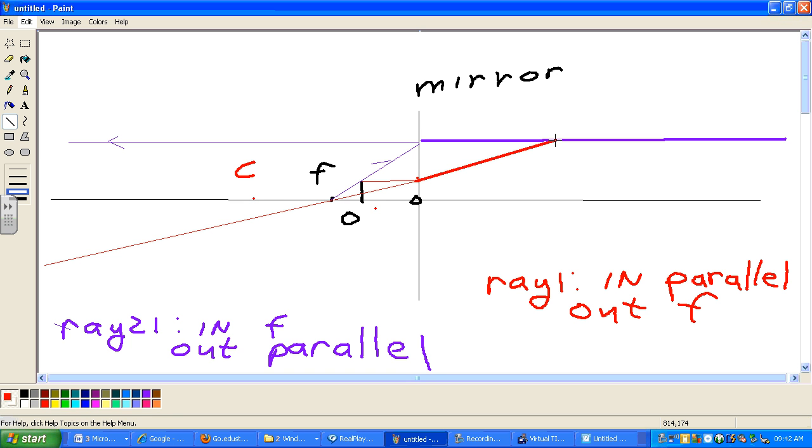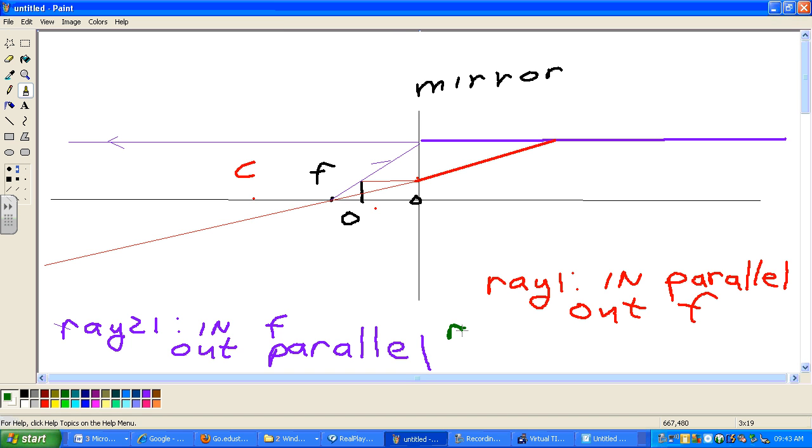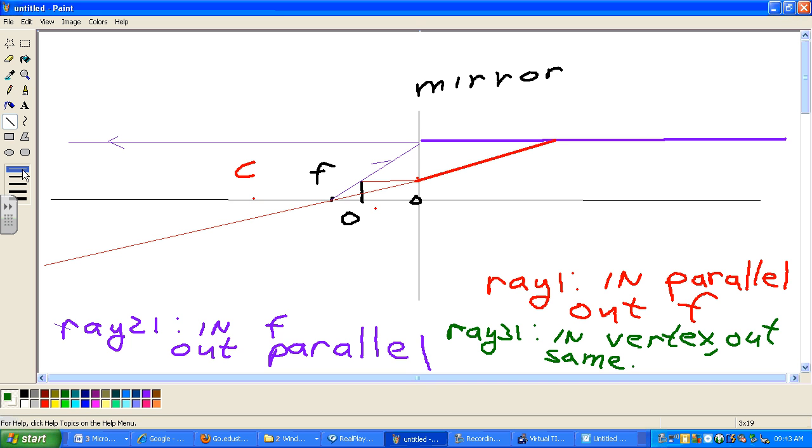Now I can confirm it with a third ray. If I take a ray that comes into the center of the mirror right here, it'll bounce out as far down as it was high.